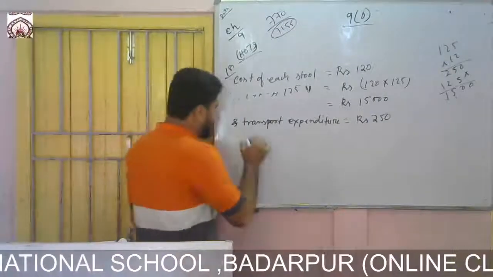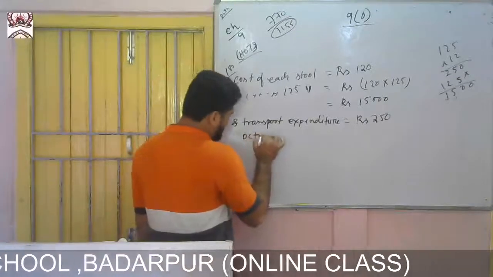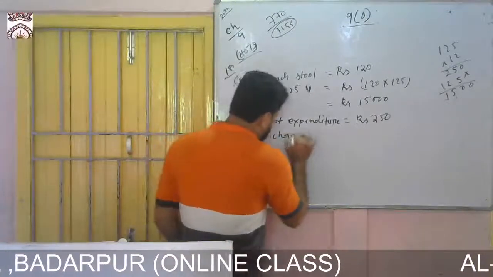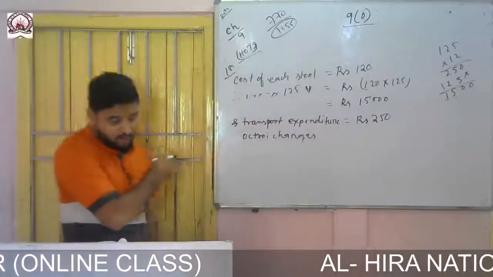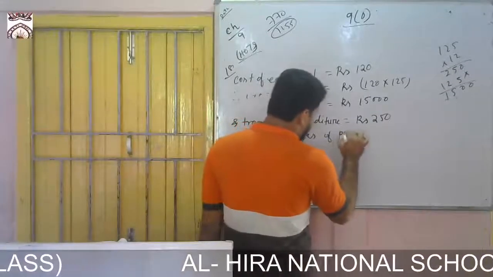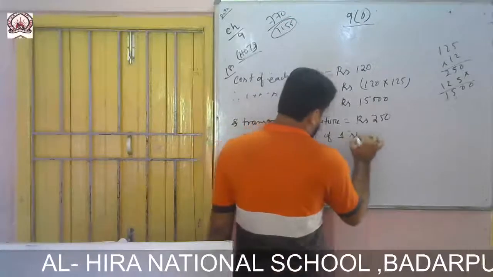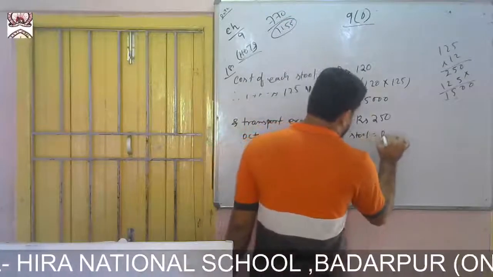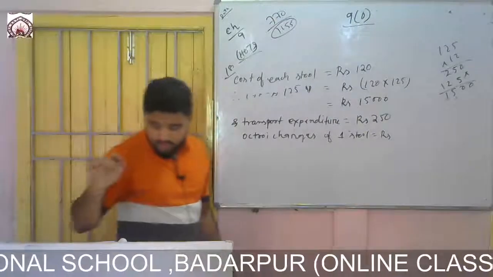Then octroi charges: the octroi charge per stool, that is for one stool, is rupees 2.